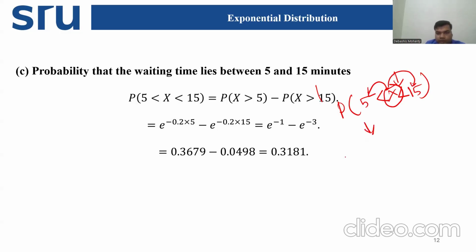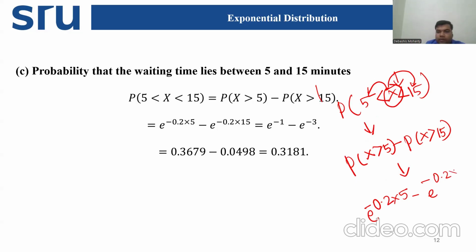So we can calculate that by using the probability of x greater than 5 minus probability of x greater than 15. That value is e raised to the power minus 0.2 into 5 minus e raised to the power minus 0.2 into 15. So that is e raised to the power minus 1 minus e raised to the power minus 3. e raised to the power minus 1 is 0.3679.